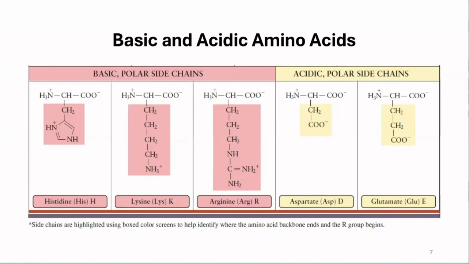And when it comes to arginine, arginine specifically is going to have a special side chain called a guanidinium group, which essentially is a carbon that is double bonded to nitrogen. And this nitrogen is the one that can accept protons and is single bonded to a nitrogen on either side.